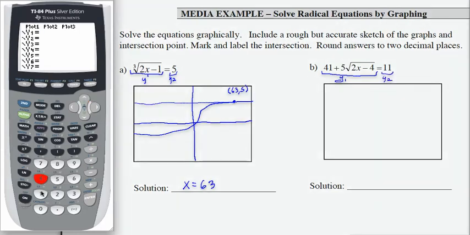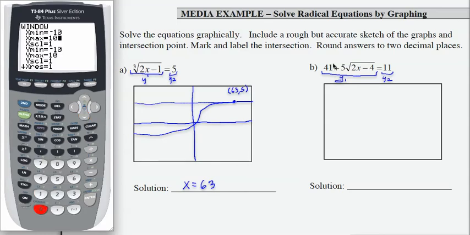So I've got 41 plus 5 times the square root of 2x minus 4, and my radical, go down to y2 and enter 11.